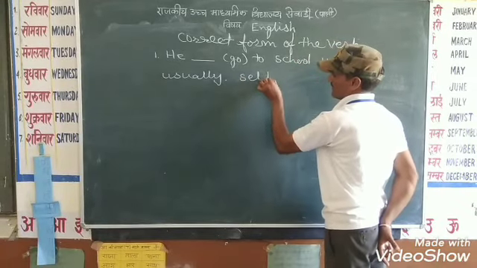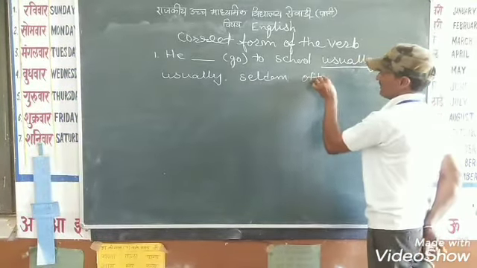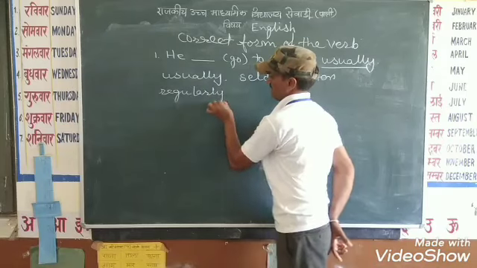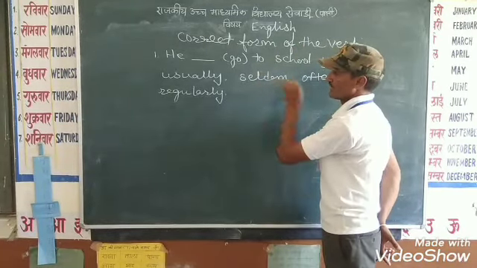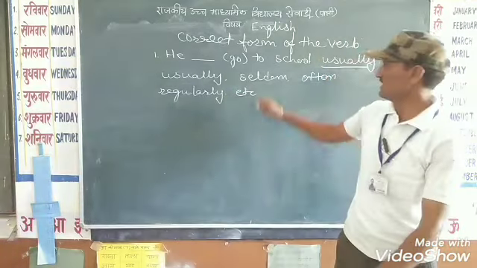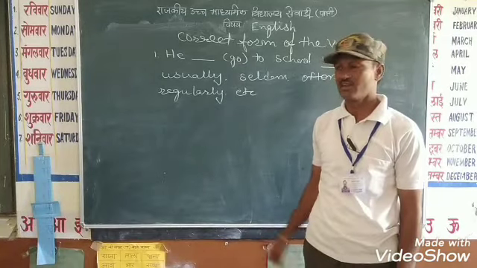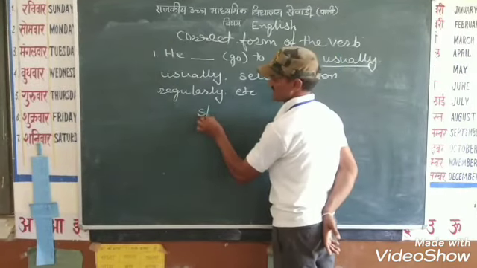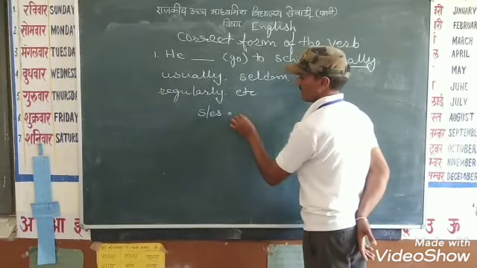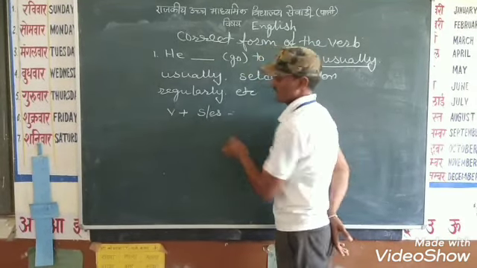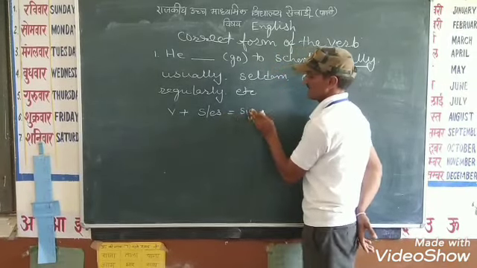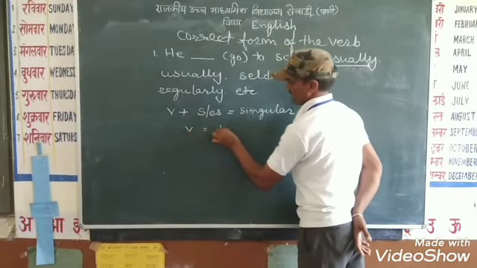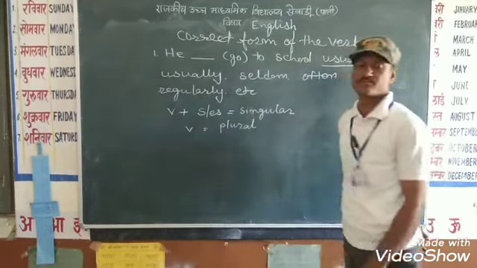usually, seldom, often, regularly, etc. If these words are in the sentence, then we use S or ES: verb plus S or ES with a singular subject, and the same verb with a plural subject.